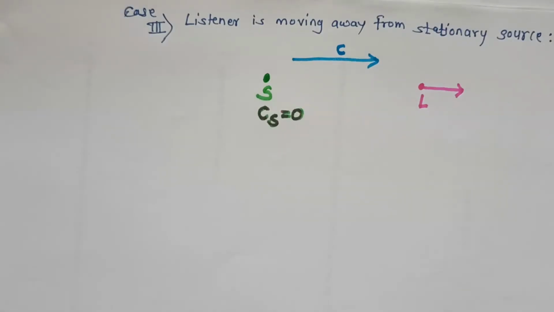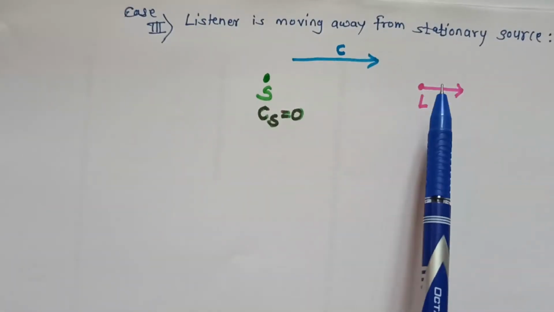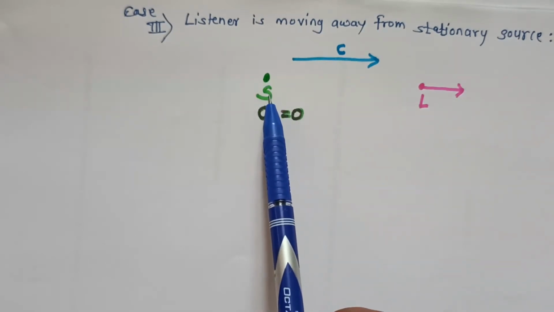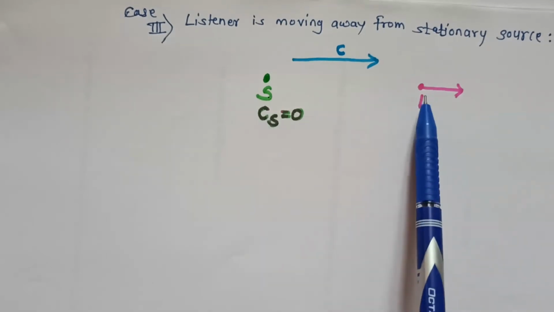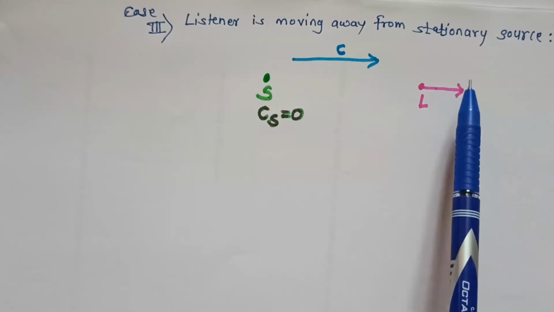Case third. When the listener is moving away from the stationary source. This is the listener, this is the source. Source is stationary, so the velocity cs is equal to 0. The listener is moving away from the source along this direction.